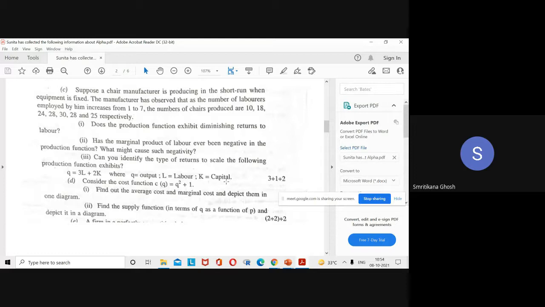I did it for the Cobb Douglas production function. Here it is not Cobb Douglas. How can you find out the pattern of the returns to scale? Make a try and give me the answer. I'm waiting. It's only 2 marks, a very short question.